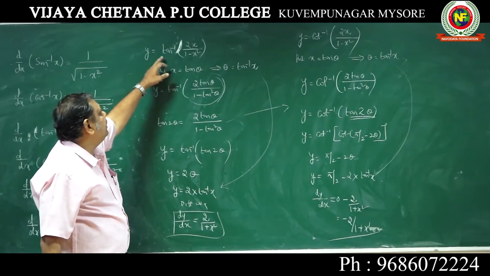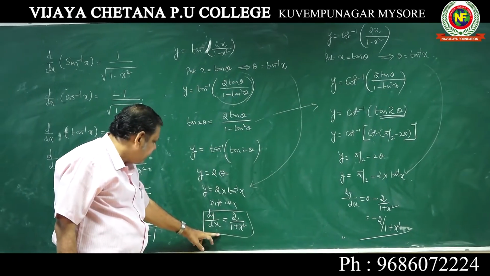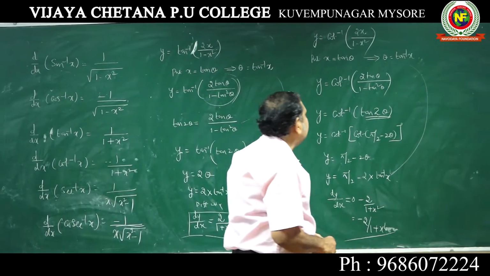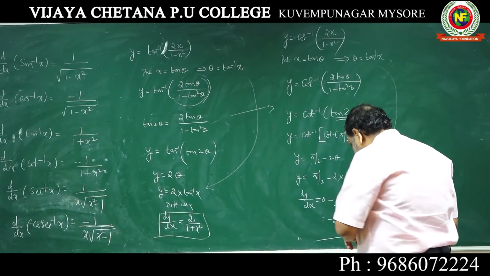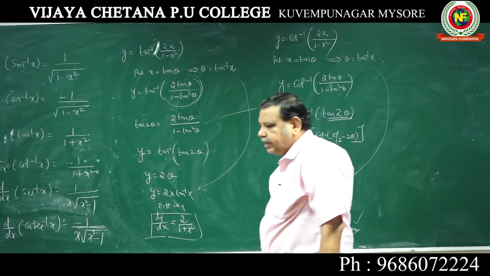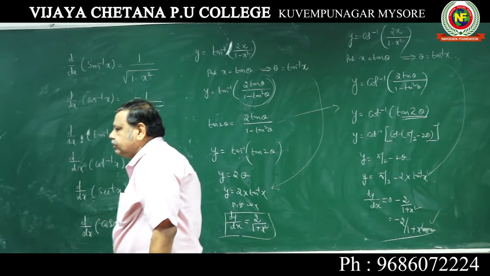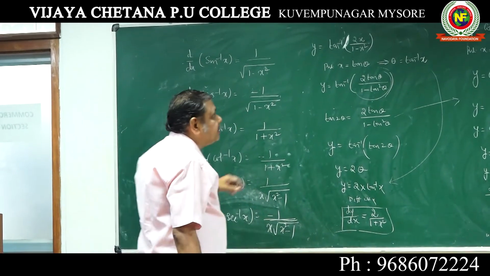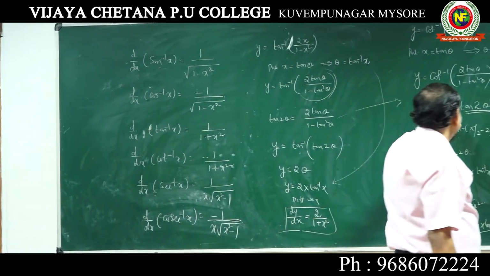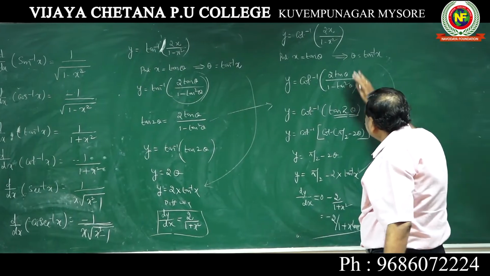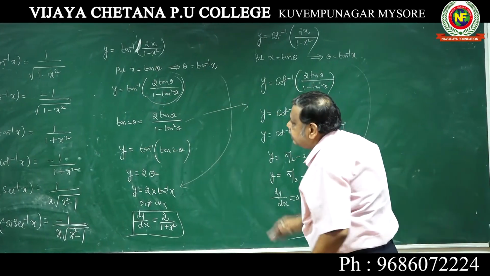When it is tan inverse 2x by 1 minus x square, it is 2 over 1 plus x square, and whenever it is cot inverse 2x over 1 minus x square, it is minus 2 by 1 plus x square. Very, very important thing. You should not forget, because sometimes they give this problem, because you commit a mistake here. Don't write directly 2 theta, it is pi by 2 minus 2 theta. They purposefully give this problem instead of that problem.